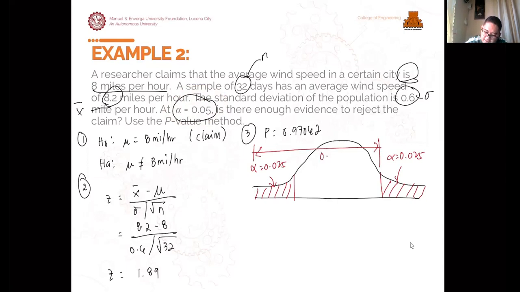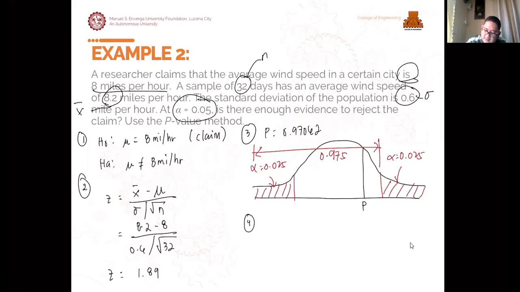Equivalent na siya sa 0.975. Okay? So, ang value ng P natin is 0.970625. No? So, ibig sabihin hindi siya aabot dito sa portion na to. So, dito lang siya sa portion na so pupunta. Okay? So, dito lang siya pupunta somewhere dito. Okay? So, ito yung P natin.